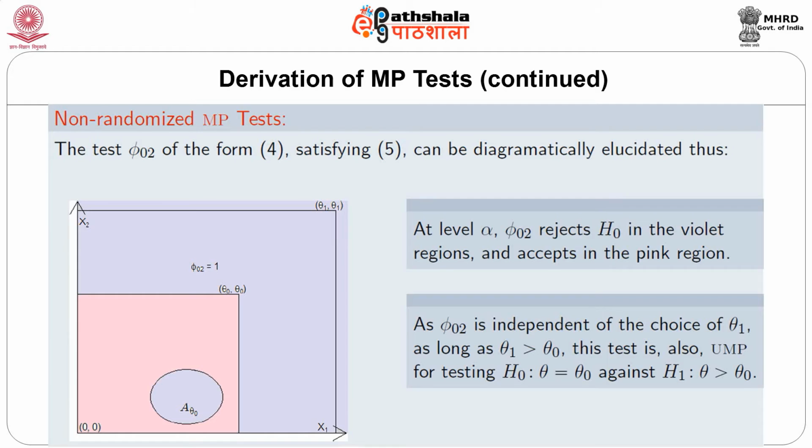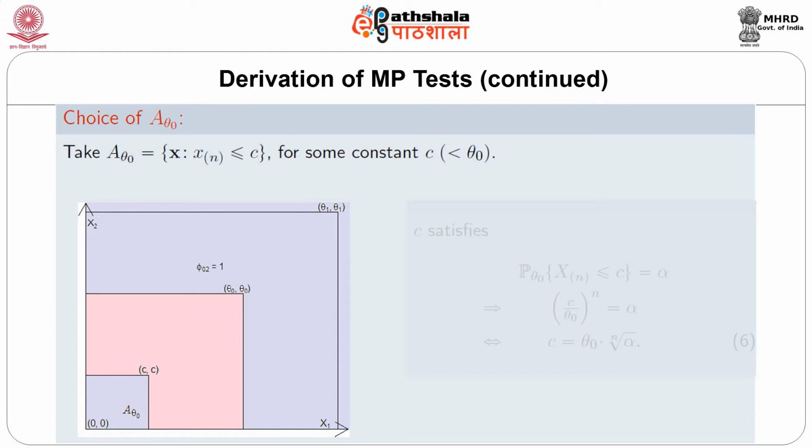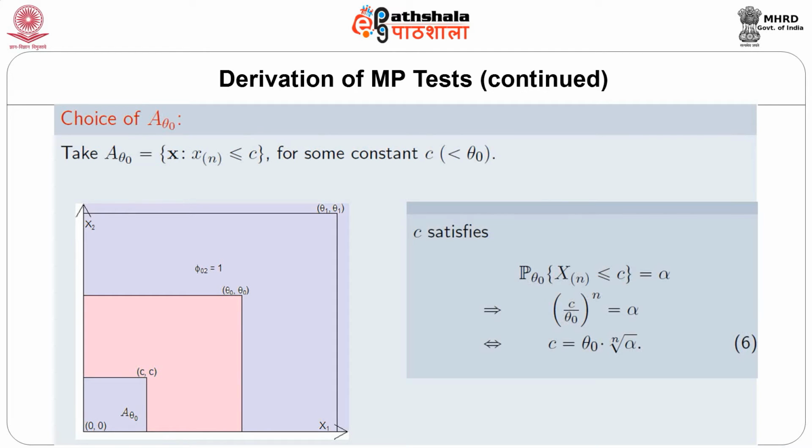So, there are several uniformly most powerful tests. Now, the choice of A theta naught. One choice is like this: x order n is less than or equal to some constant c, where c is less than theta naught. Now, how can we select c? Choose c such that the size of the test is alpha.